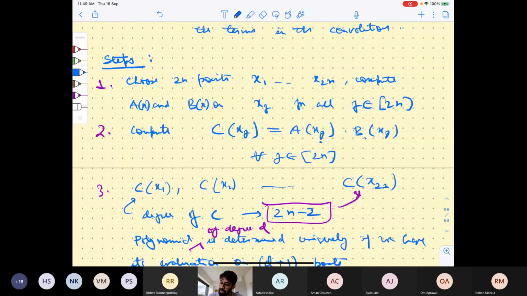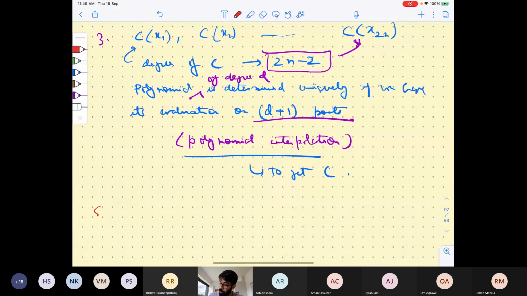So step 2 is easy. Step 2 actually just takes order n operations. This is good because we just have these 2n values and we just need to multiply them to get 2n values. But what about step 1 and step 3? In step 1, we want to compute A(x) for 2n values.